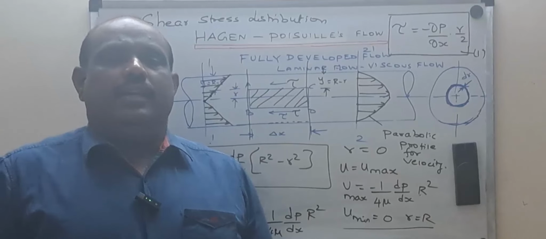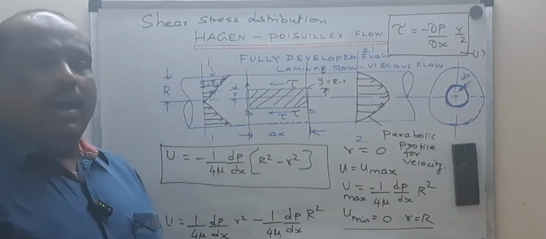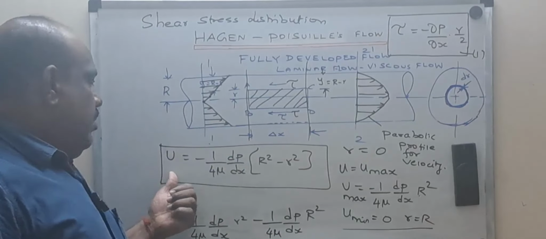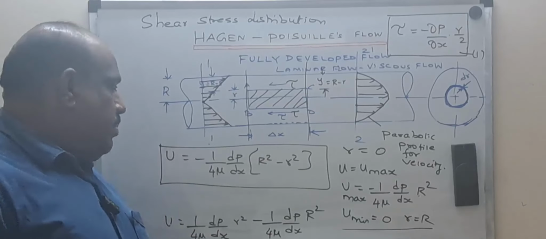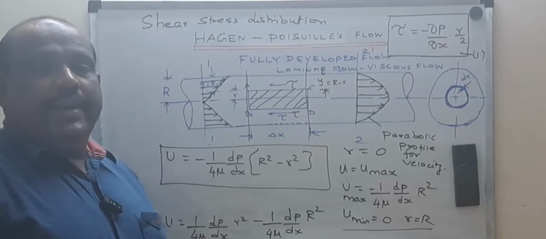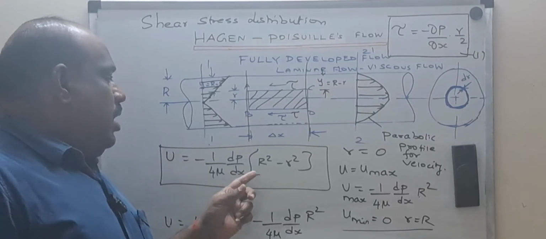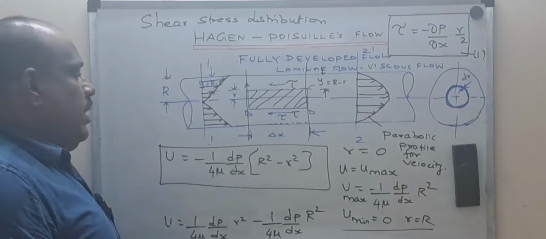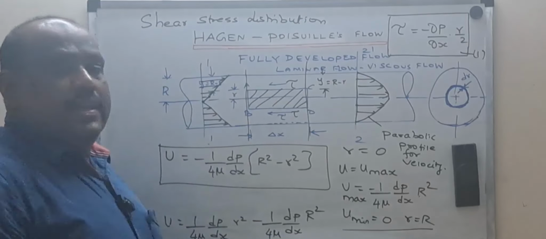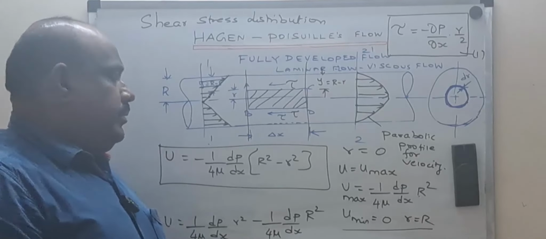In the last session, we were discussing how to obtain the velocity profile, and we arrived at this formula: u is given by minus 1 by 4 mu of dp by dx into capital R squared minus small r squared, where capital R is the radius of the pipe and small r is the radius of the cylindrical element.